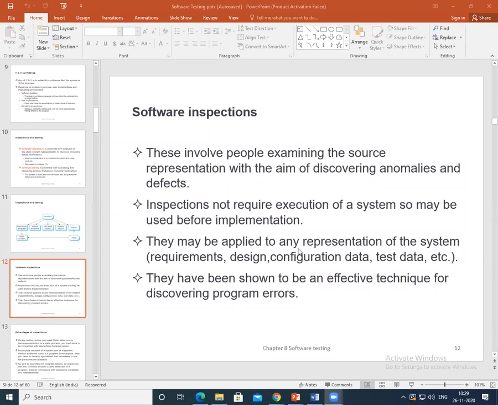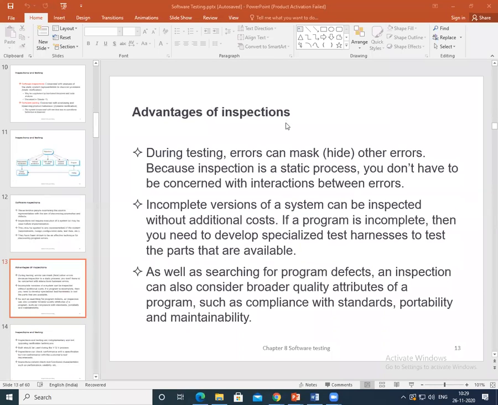Software inspection can be applied to any representation of the system, that is requirements, design, configuration data, test data. If they ask what the advantages of software inspection over testing are, you should be able to tell.